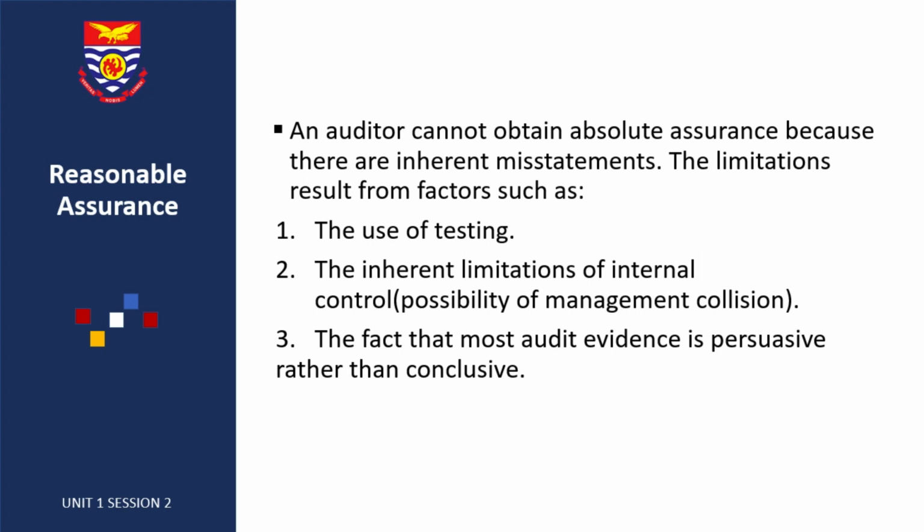This is because they don't do absolute testing. They don't test everything. They only test certain items, sample sizes. And there could also be some limitation when it comes to the internal controls. So they can't give absolute assurance, but rather reasonable assurance, because of chances of these errors and limitations.